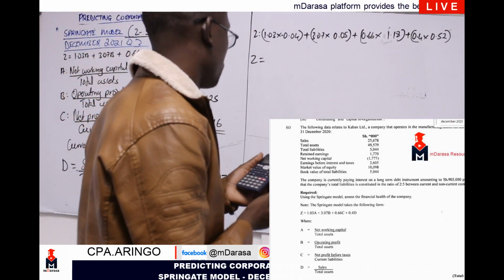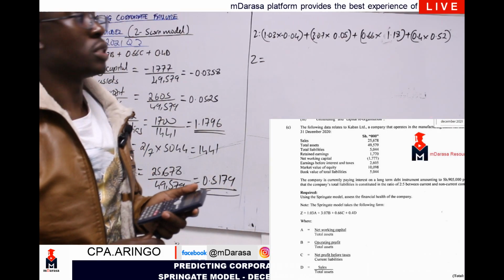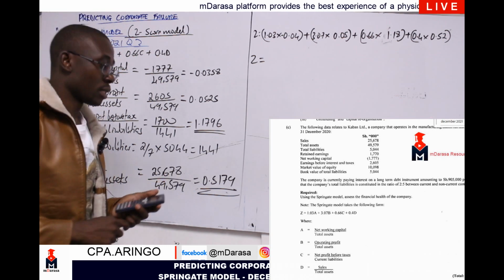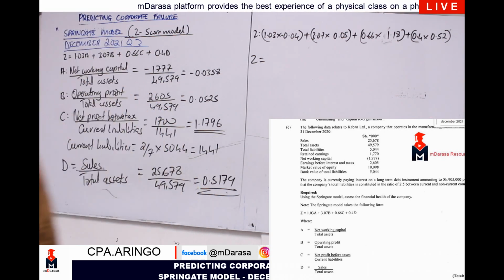So I'm having my Z to be 1.099 something.